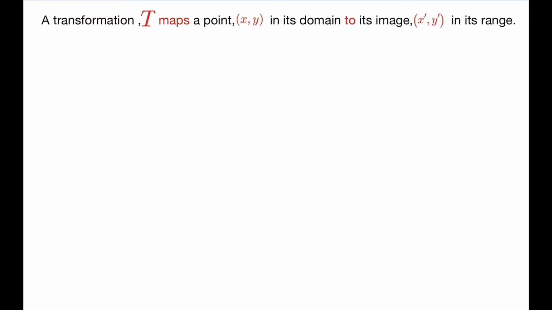We have an analogous situation with transformations. It is sometimes useful to think of a transformation as a mapping. A transformation maps a point in a plane to its image, which is another point.